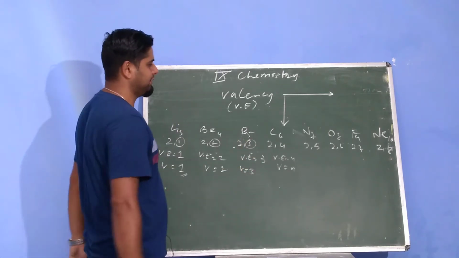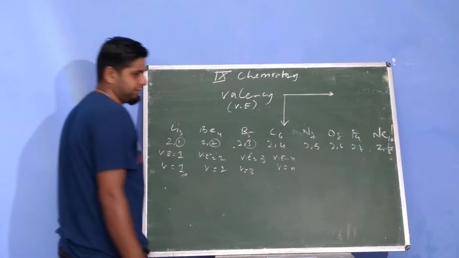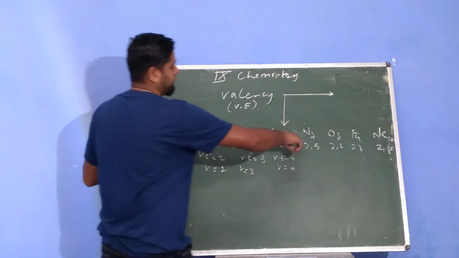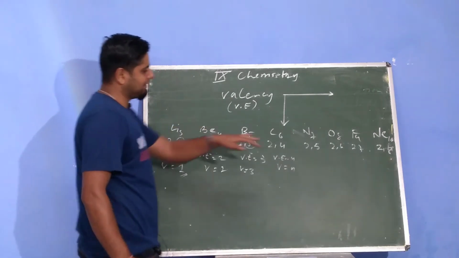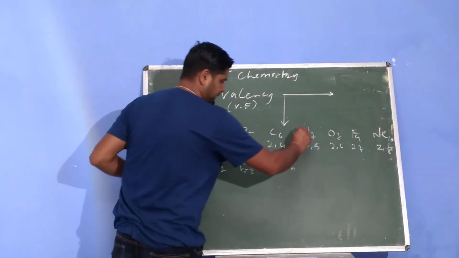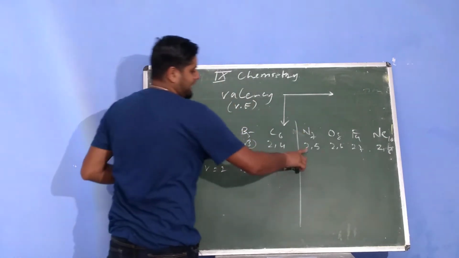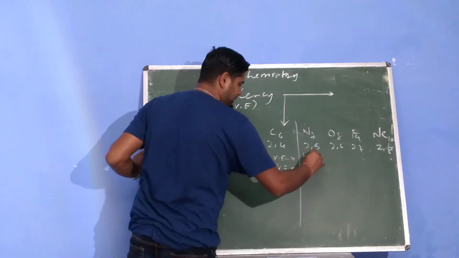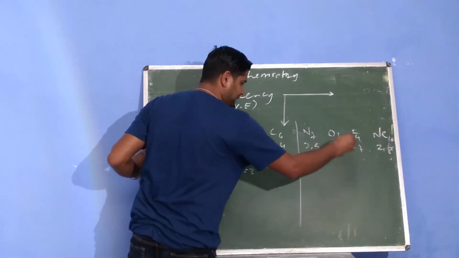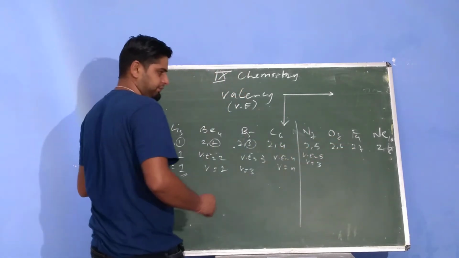But from 5 onwards, this is just for your information, you subtract the valence electrons from 8. Here we have 5 valence electrons, so valency will be 8 minus 5, 3.